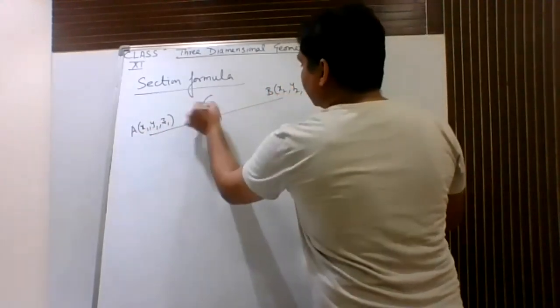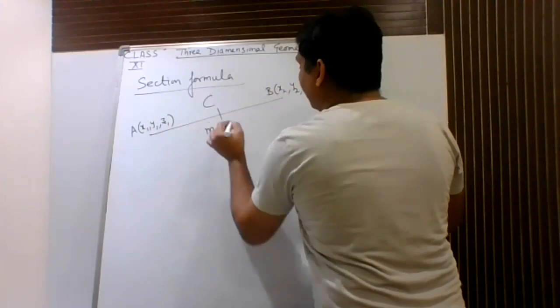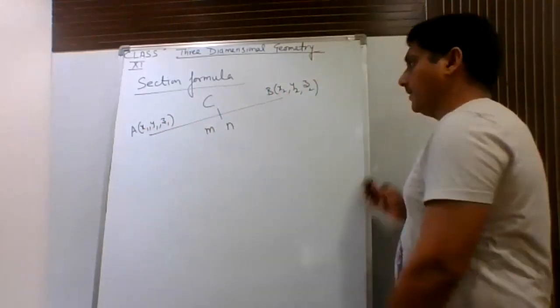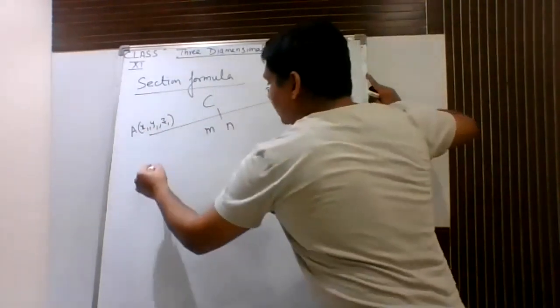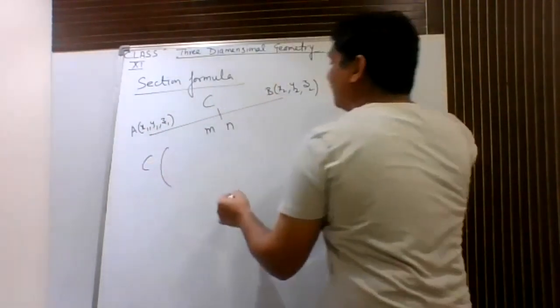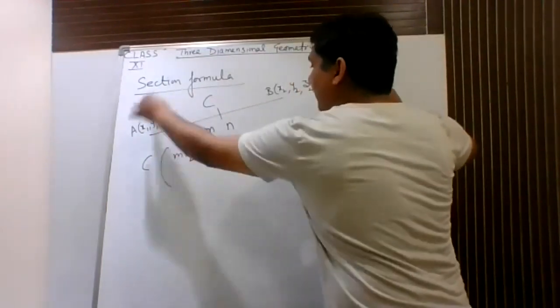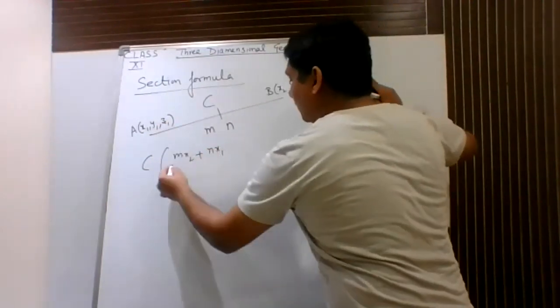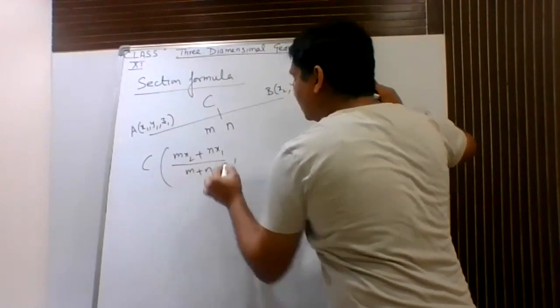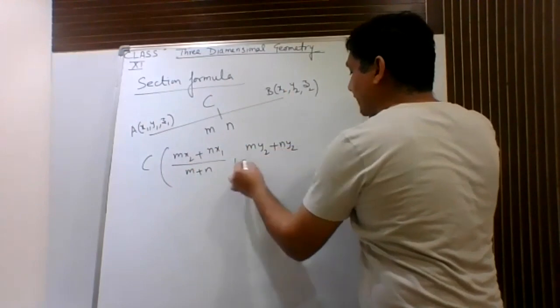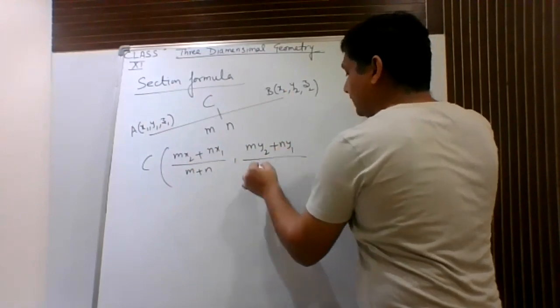Now suppose there is some point C which divides AB in the ratio of m is to n, internally. Then the coordinates of C will be m into x2 plus n into x1 upon m plus n. Similarly, you can write for the y coordinate as well as the z coordinate.